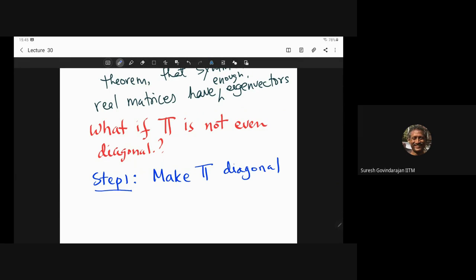Okay, and that is possible. Why is that possible? It's always possible, I claim. Diagonalization. Because T is symmetric. Exactly. Because T is symmetric, it is always possible.